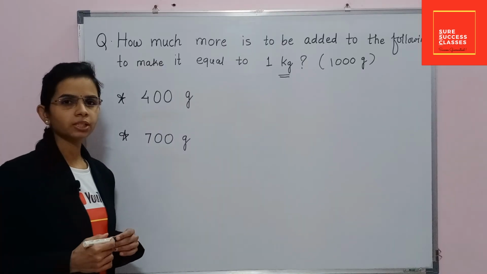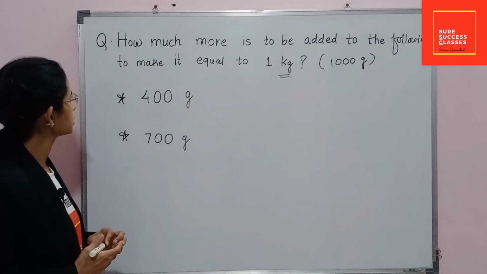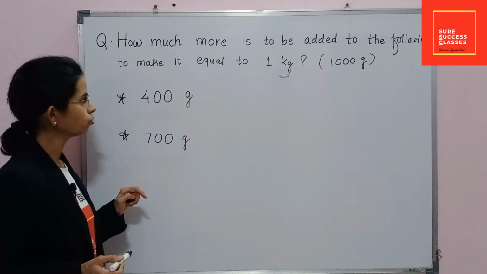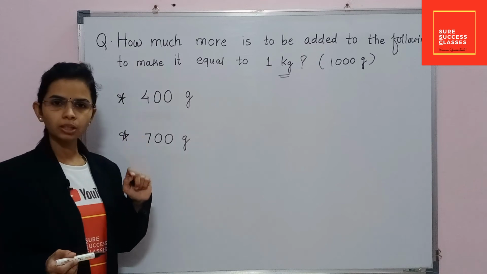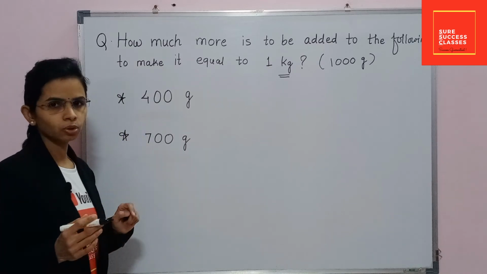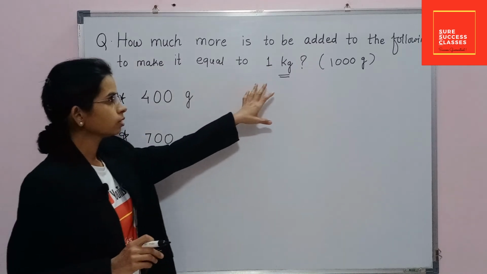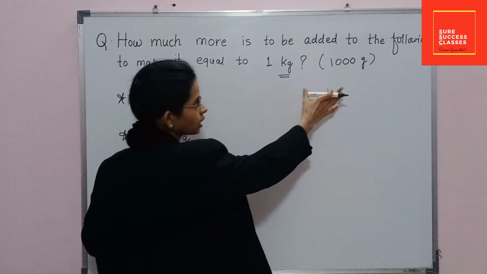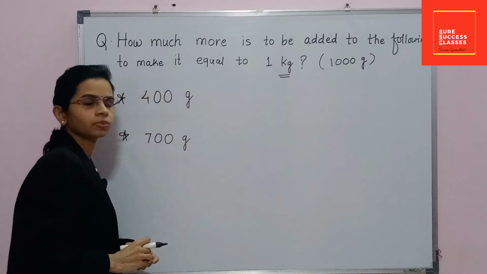Students, let's solve a question related to weight. The question is: how much more is to be added to the following to make it equal to 1 kilogram. Here we have learned that 1 kilogram is equivalent to 1000 grams.